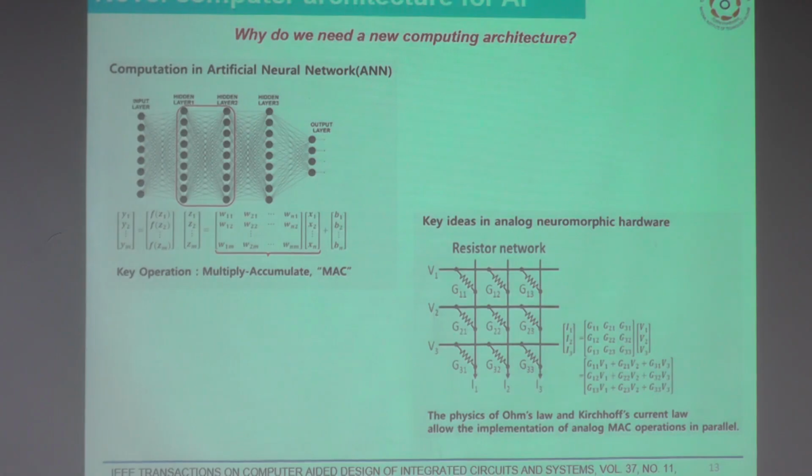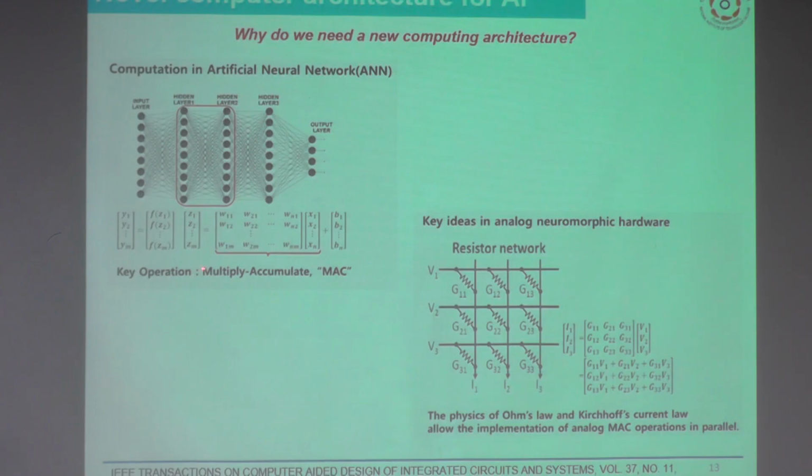Why do we need a new computing architecture? Probably you are all studying computation in artificial neural networks, where you have an input layer and an output layer, and some hidden layers. Based on the weights, you can identify these operations in an artificial neural network and get the proper output.